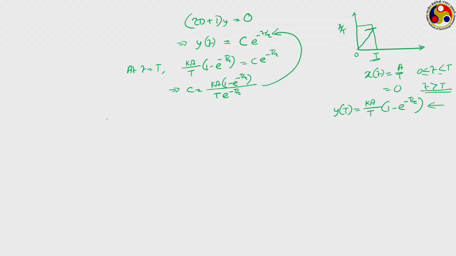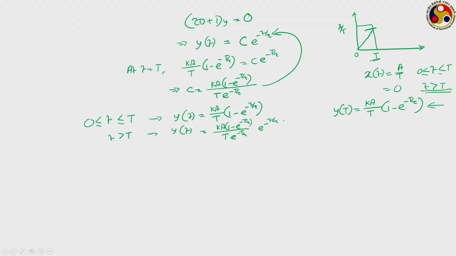So, what we are getting when we are having the step part, that is time between 0 and capital T, our profile y(t) will be equal to K by capital T into 1 minus e to the power minus t by tau, and when time t is greater than capital T, it will be given by K A into 1 minus e to the power minus T by tau divided by T into e to the power minus T by tau, into e to the power minus small t upon tau.